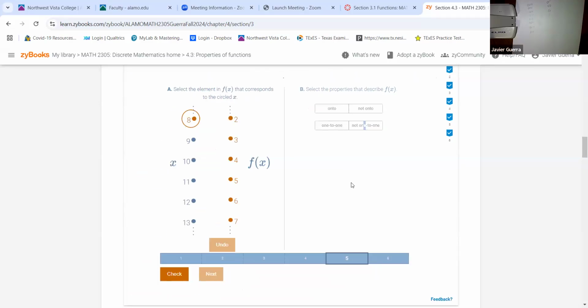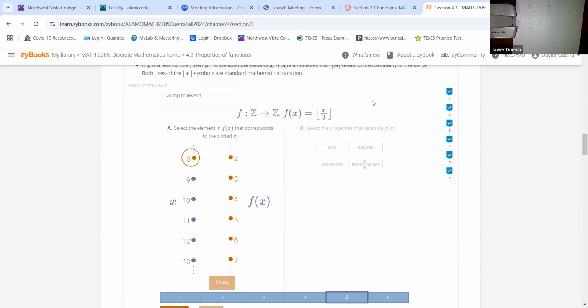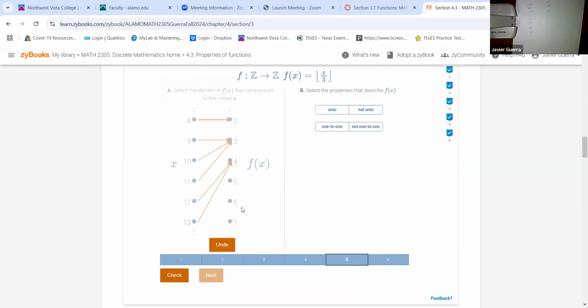All right. Try it again. 8 is 2. 9 is 3. 10 is 3. 11 is 3. 12 is 4. 13 is 4. Okay, so wait a minute. 10, 11, 12.